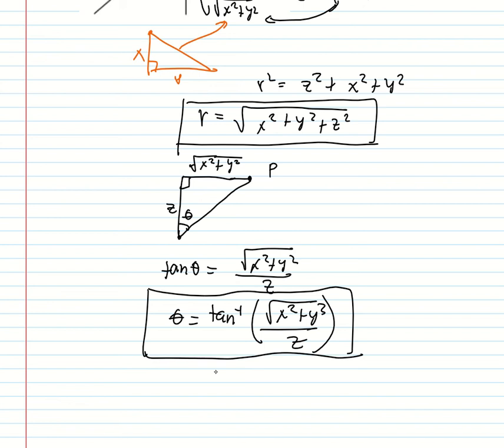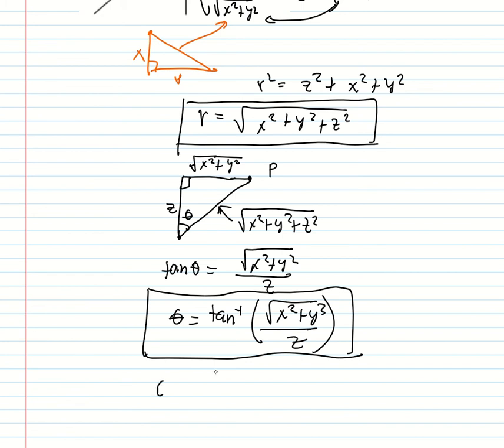We can also use this side because we know that this is r, but r is not given, but we know that r is the square root of x squared plus y squared plus z squared. So we can also use that one. And we can use any function actually. We can use cosine.